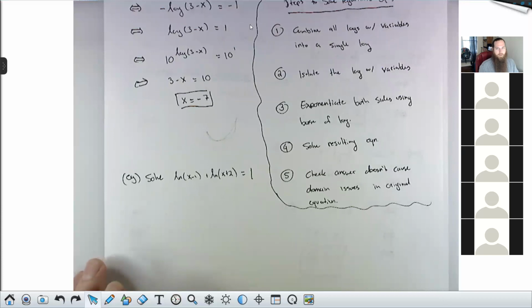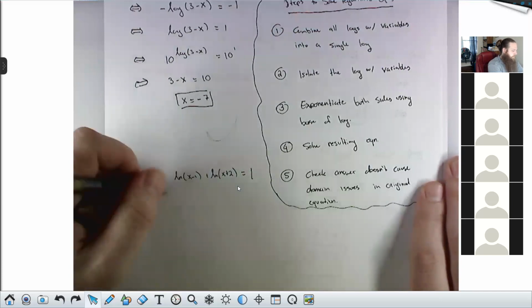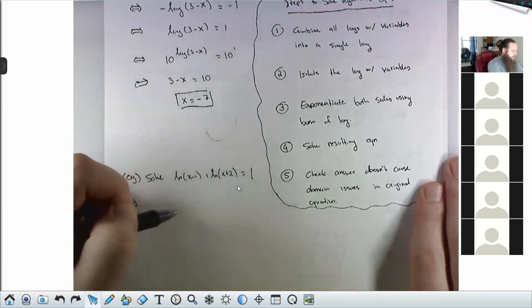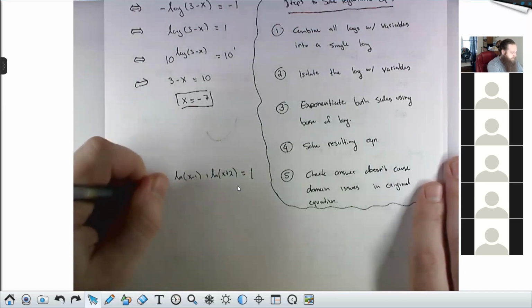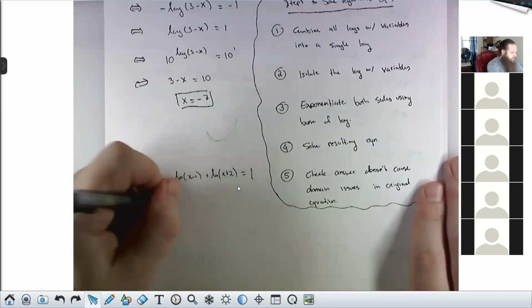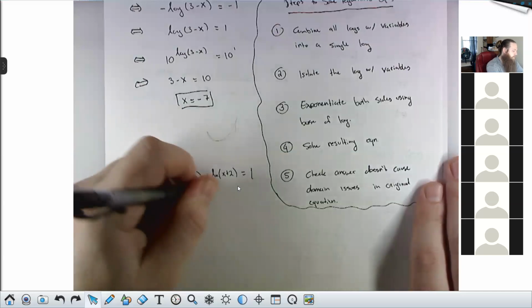So I need to start by getting it into that form: log of some variable stuff equals a constant, one log, all my variable stuff inside. So we need to combine these two logs. The ln of x minus 1 plus the ln of x plus 2 is a single ln with, inside parentheses, x minus 1 times parentheses x plus 2.